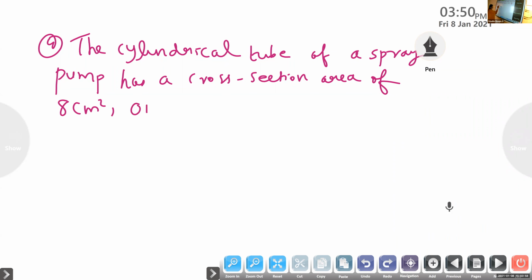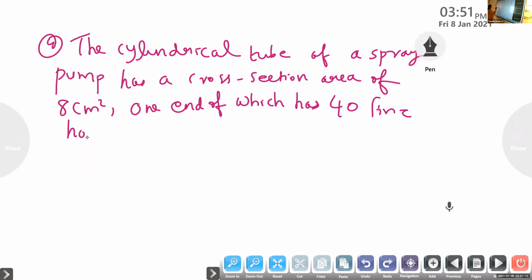One end of which has 40 fine holes. That is about the sprayer, no? 40 fine holes, each fine hole of diameter 1 millimeter.